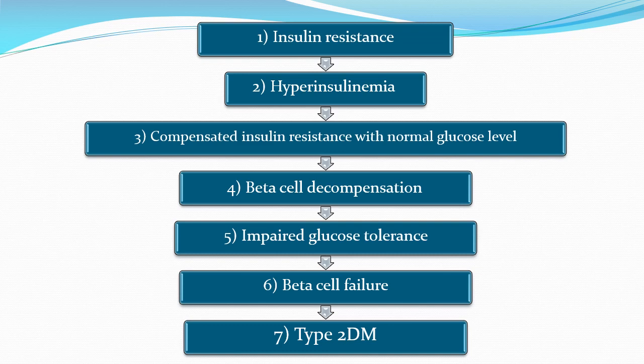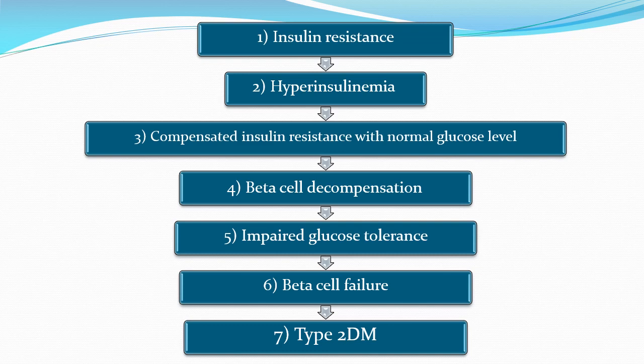Initially, the pancreas will be able to produce enough increased insulin to control the blood glucose level. This is the third stage, in which there is compensated insulin resistance and the ability to maintain normal glucose levels. But gradually, because of the increased workload on the pancreatic beta cell, it will start to decompensate and passes through stage 4, the beginning of beta cell decompensation.